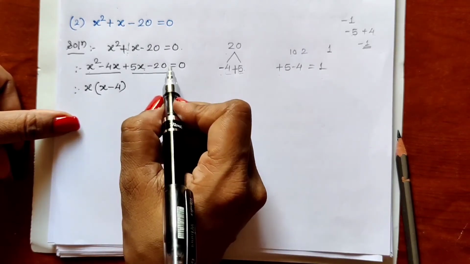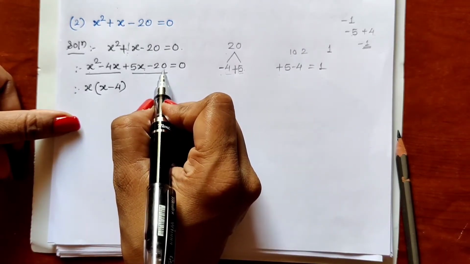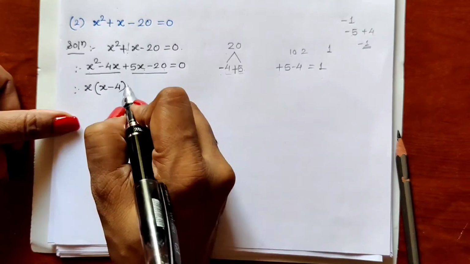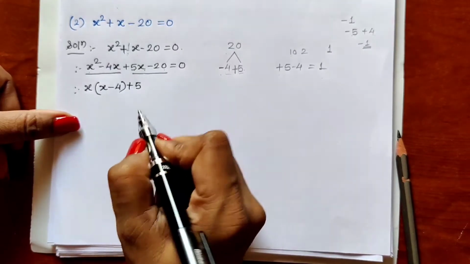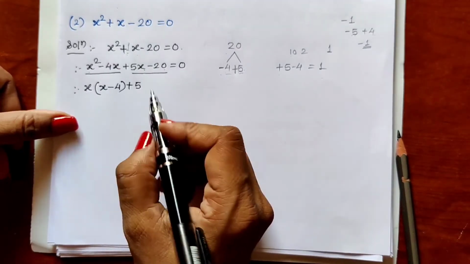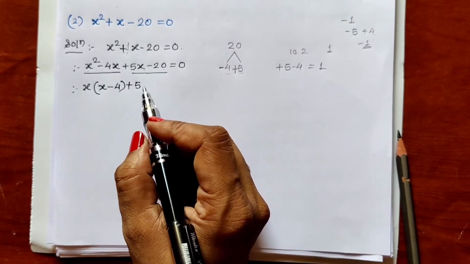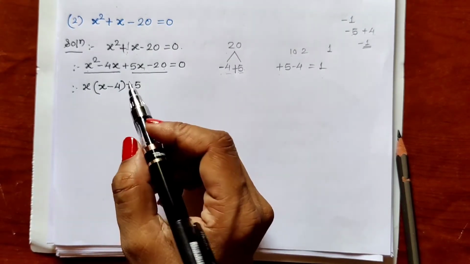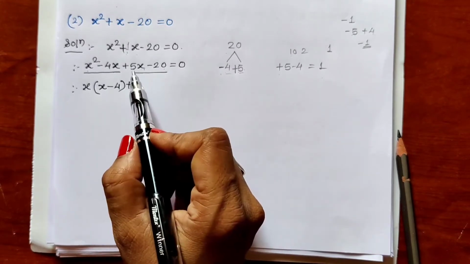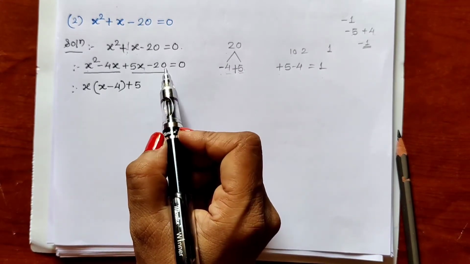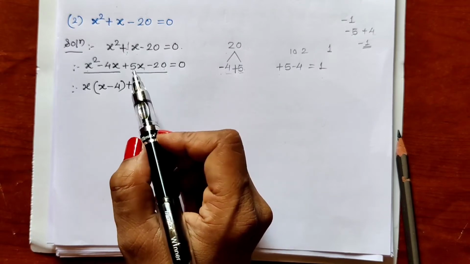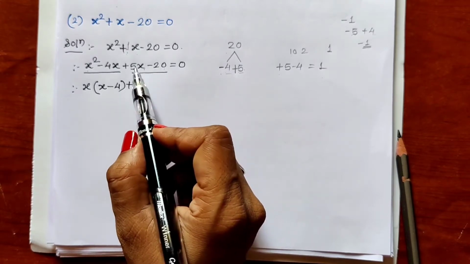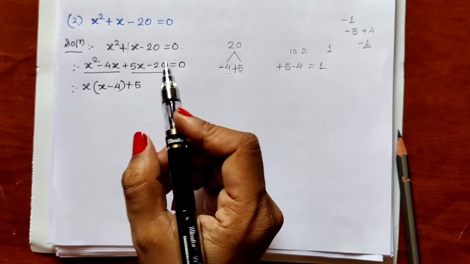We cannot take out x common because 20 is a constant term with no variable, so we take out 5 common, because 20 is divisible by 5. Always see if it is possible to take out a smaller number common. Here 5 is divisible by 5 and 20 is also divisible by 5. So the bigger number is divisible by the smaller number, and we can take out the smaller number common.